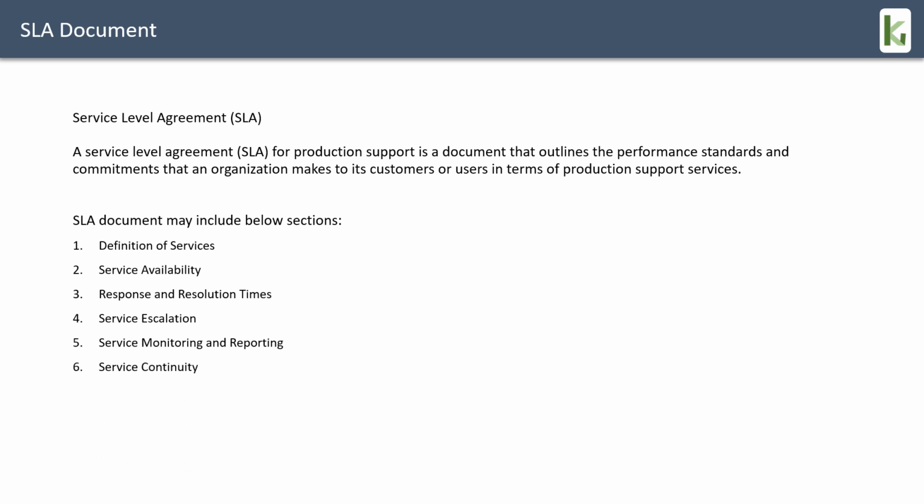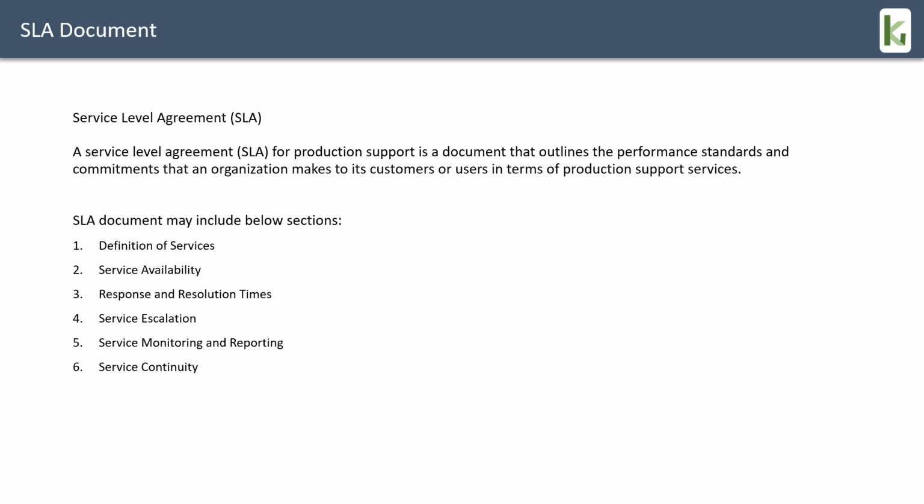Next element is service continuity. Now this should describe the measures that will be taken to ensure the continuity of the production support services in the event of a disaster or another catastrophic event. So service continuity is basically part of BCP, business continuity plan, as well.